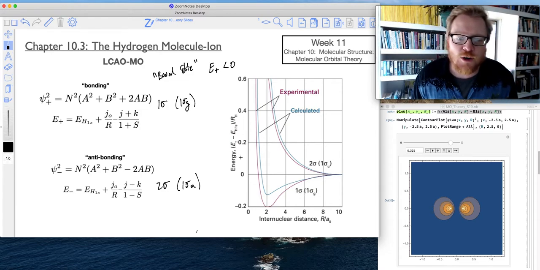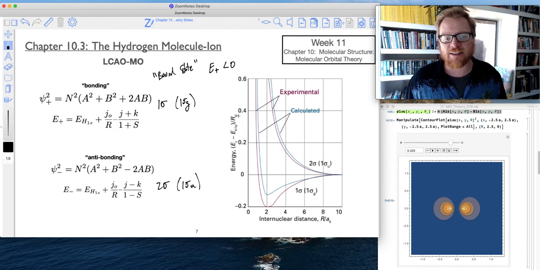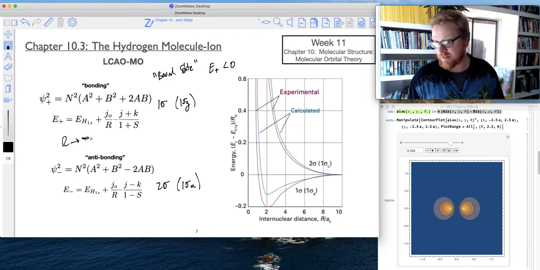And what we also note here on this Y scale, this is written as E plus or minus EH1S, and of course divided by RH to normalize it. By taking this E plus minus EH1S, we're subtracting out that energy for hydrogen 1s. So what that means is, we talked about R approaching infinity.